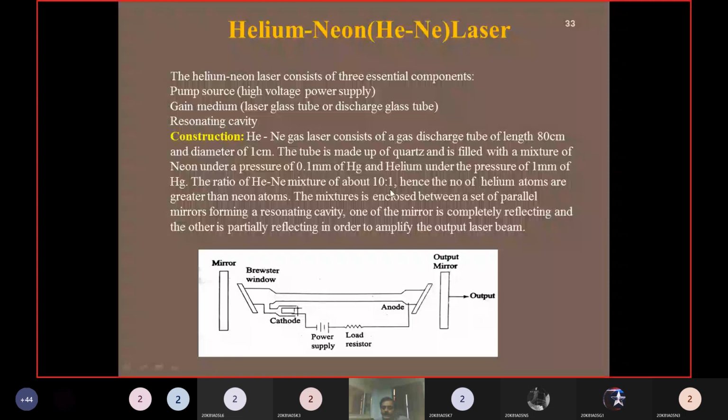Hence the number of helium atoms is greater than the number of neon atoms.